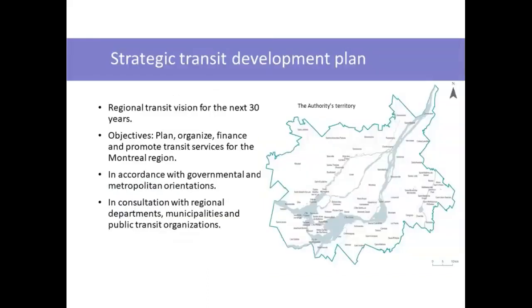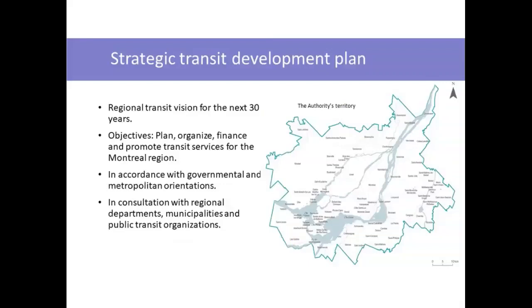The authority was created in 2017, and its mandate was to develop the first strategic transit development plan for the Montreal metropolitan region. The strategic plan is a 30-year vision, and its objectives are to plan, organize, finance, and promote transit services for the metropolitan region.